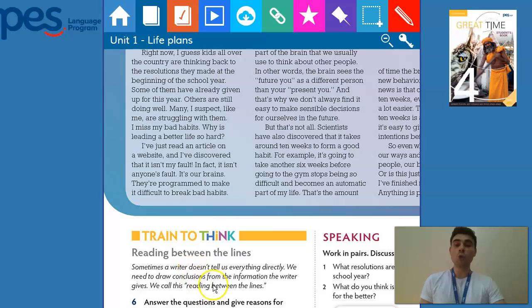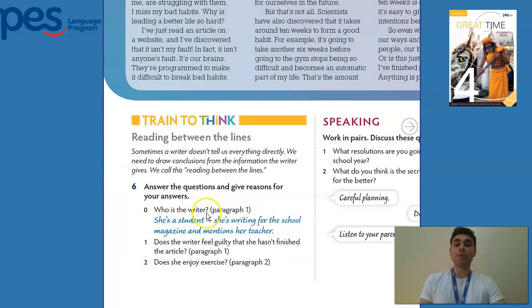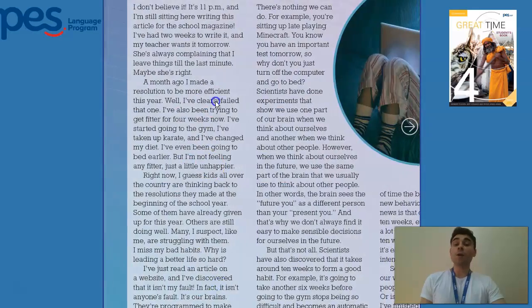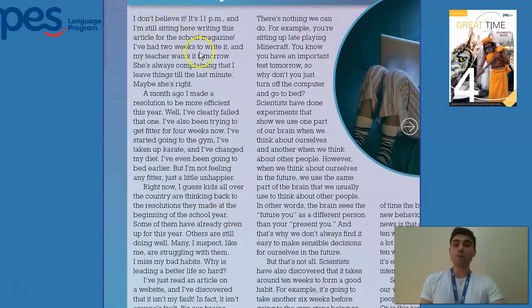The question is, who is the writer? And then the answer is, she is a student. She is writing for the school magazine and mentions her teacher, right? So, how do we know that she is a student? Well, she says that she's writing an article for the school magazine and she uses this expression, my teacher, because think with me, maybe she is a teacher writing for the school magazine.